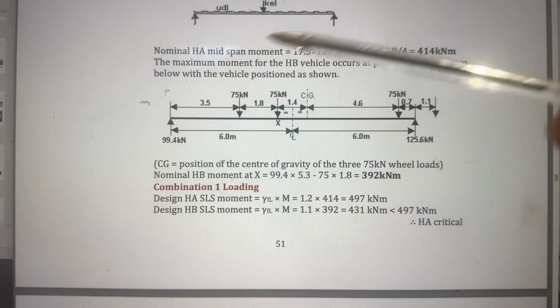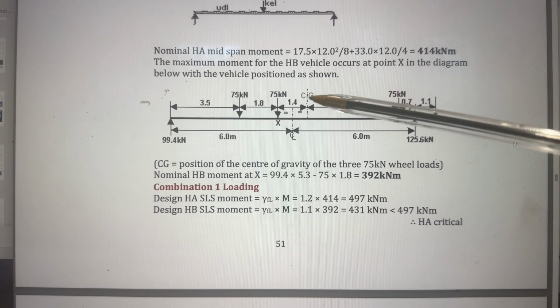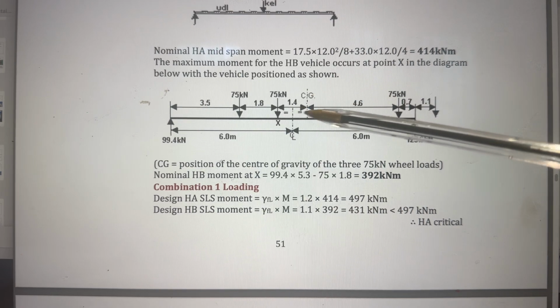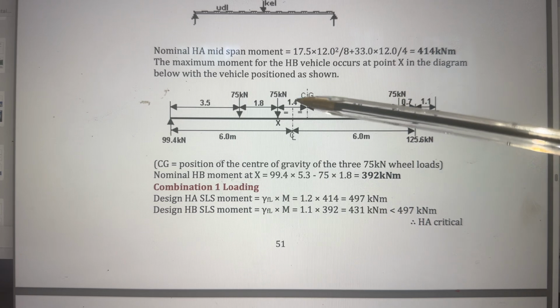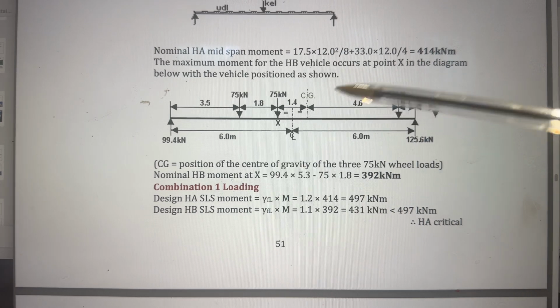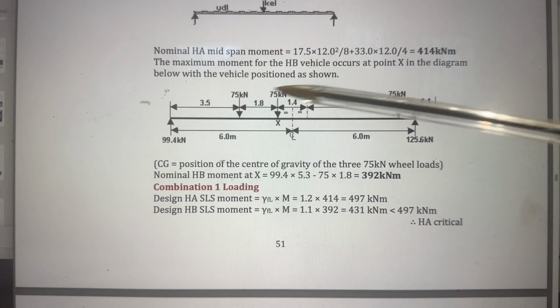You come to the HB. Notice what we discussed in the lecture note, how the arrangement for the wheel, the four wheels, axle wheel for HB, which gives you this arrangement.